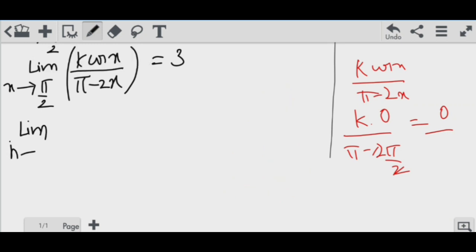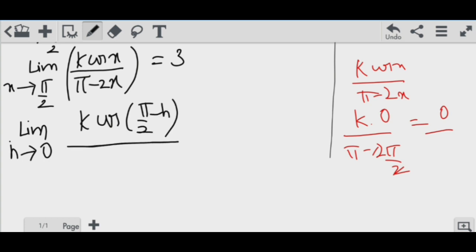limit h tends to 0 of k cos, instead of x we are substituting pi by 2 minus h, divided by pi minus 2 into x value, which is pi by 2 minus h.